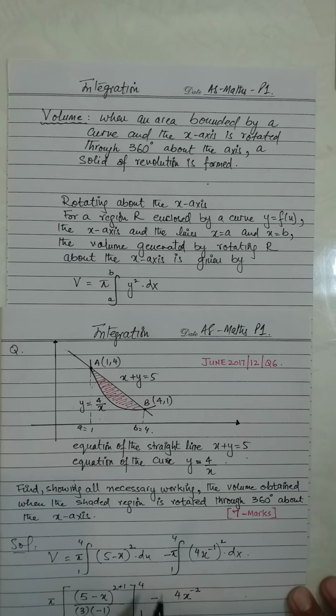That cannot be taken as 4, because 4 is also squared, so this will be taken as 16. So this is 16x to the power minus 2. Now this has been squared, and now plus 1, integrating it, the new power comes down and that's just minus 1.